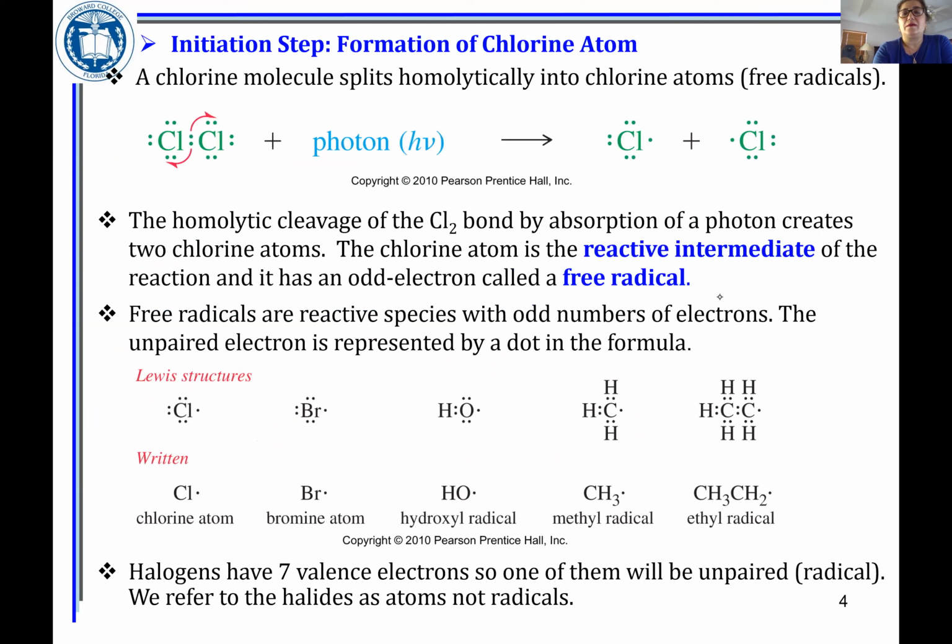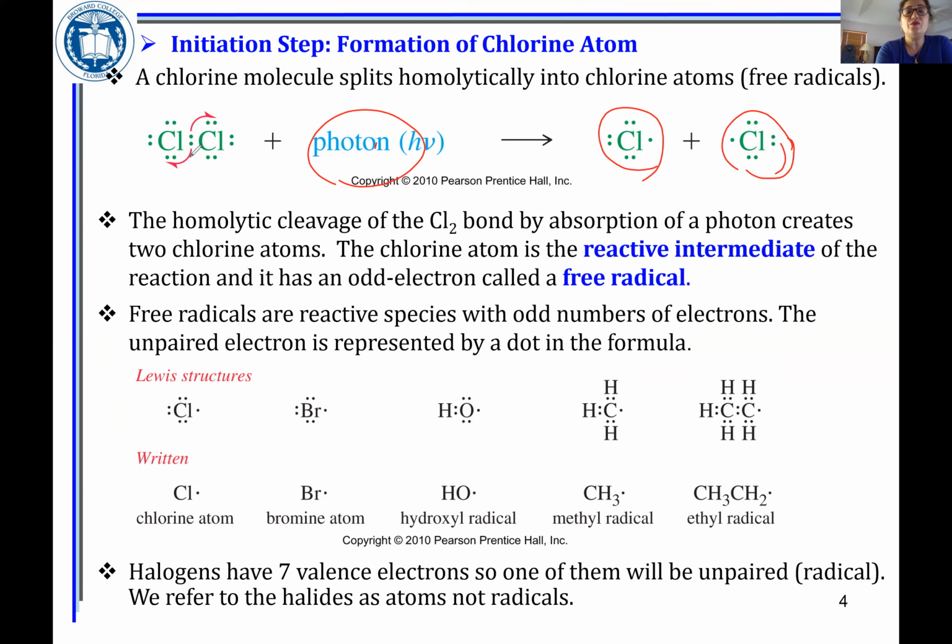In the initiation step, the starting material, which is chlorine, is going to dissociate when you shine light or apply heat to it. Homolytic cleavage of chlorine gas is going to give you two chlorine free radicals.